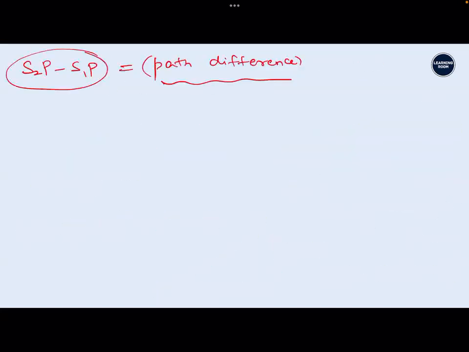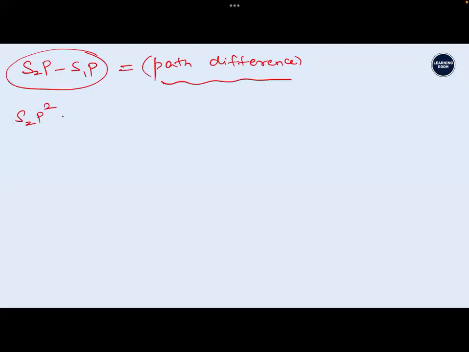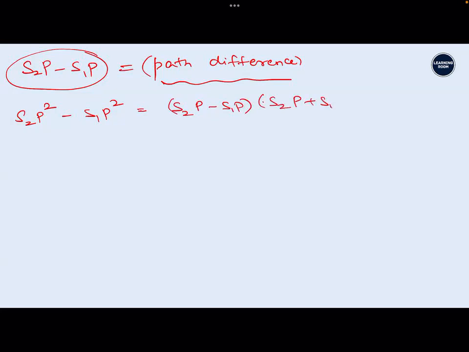For that, I'll consider S2P square minus S1P square. When I do that, I can write it as S2P minus S1P into S2P plus S1P. Can I do this? But what is S2P square minus S1P square?